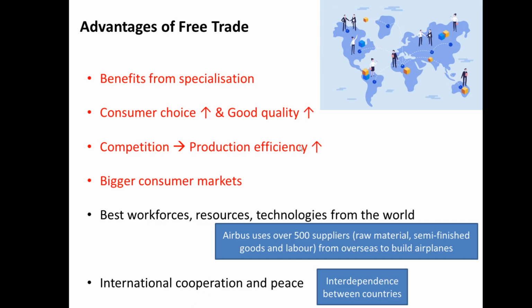Interdependence. Because I would say these four points are the most direct answers. Remember, every time we write our answers, we try to write the most direct effects or most direct consequences first.